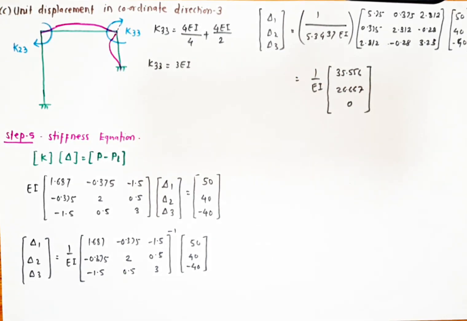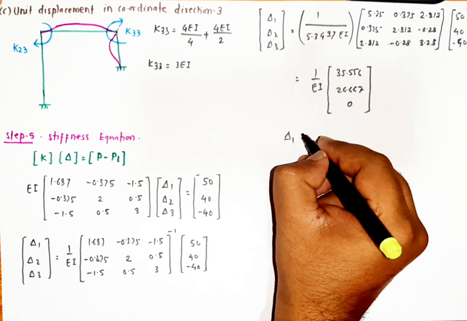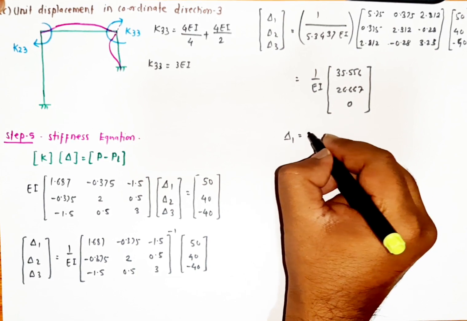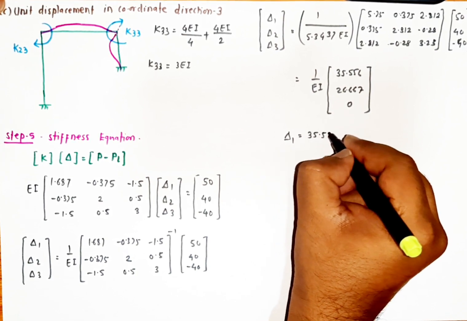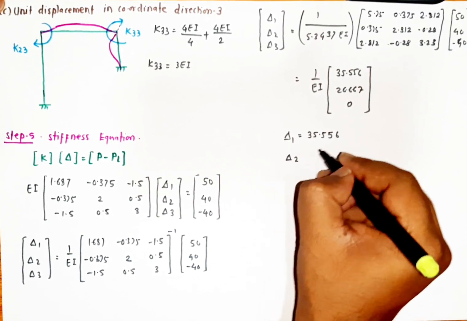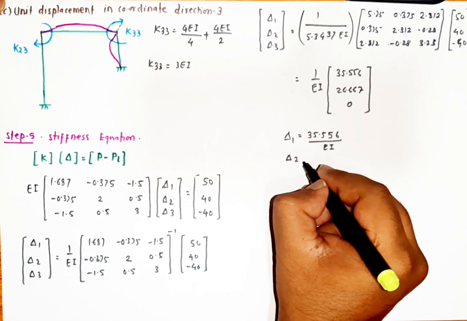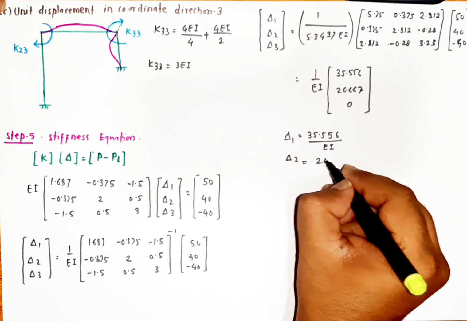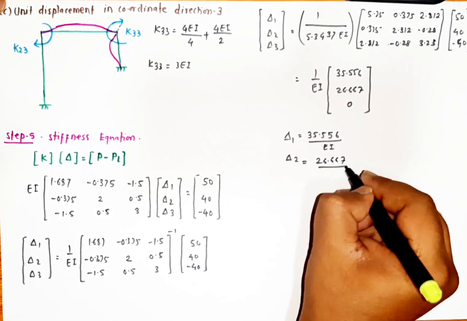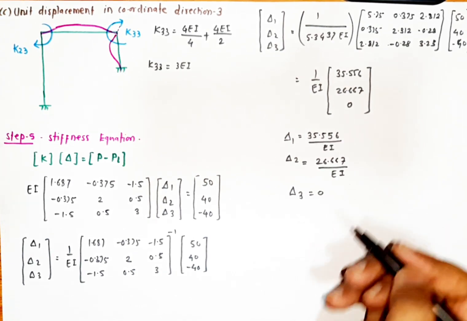So after this calculation we will get values as delta 1 is equal to 35.556 upon EI, delta 2 is equal to 26.667 upon EI, and delta 3 is equal to 0.